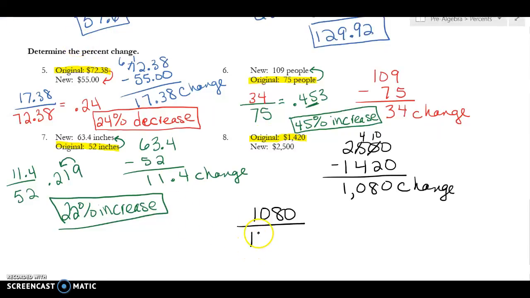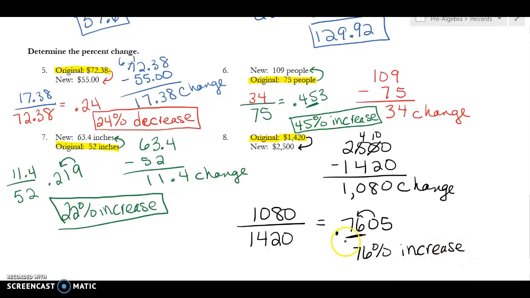So I do 1,080 divided by 1420, and I get 0.7605. Okay, and again, I just look at these two numbers, and the zero is not going to change it. So it's 76%, and now I look here. I started at 1,400 and I went to 2,500, and so that is a 76% increase.